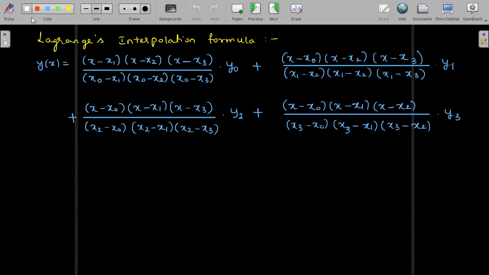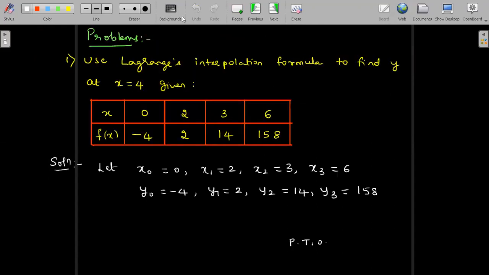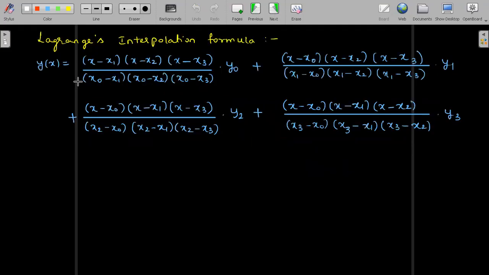Now carefully we have to substitute all the known terms. And remember, we have to find y at x is equal to 4. And hence x is equal to 4 is the point of interpolation. So wherever x is there, substitute x is equal to 4 and we obtain y of 4.